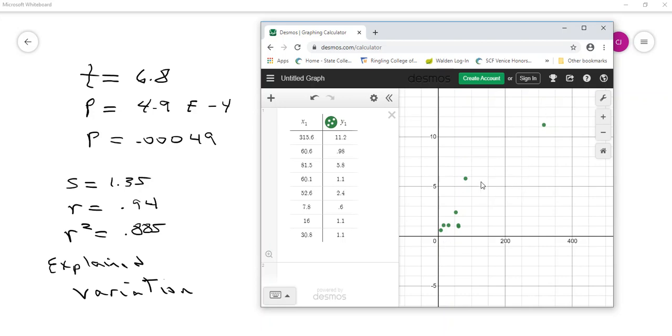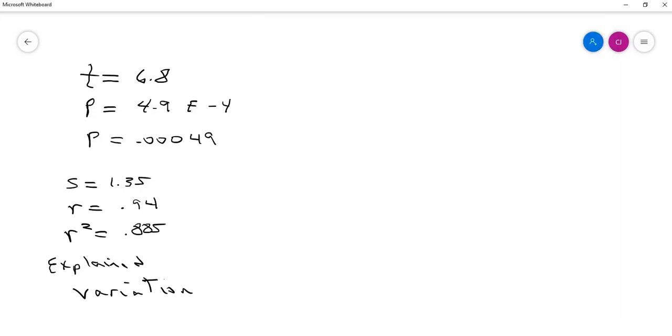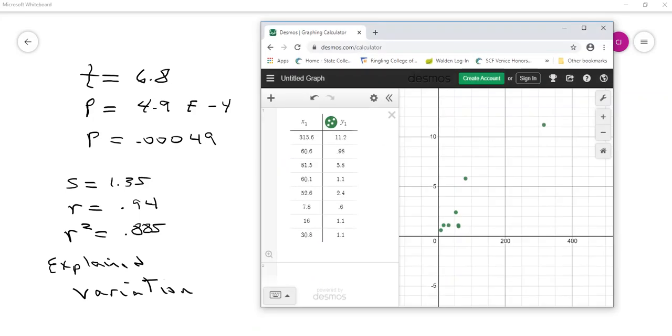So it's actually pretty linear according to this, and when it goes through, these points are all very, very close to the line. And that's a good thing. Okay, that's a good thing. And let me just move this over here for a minute.